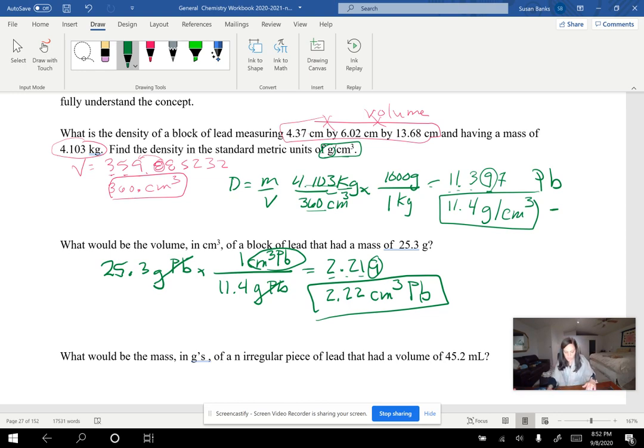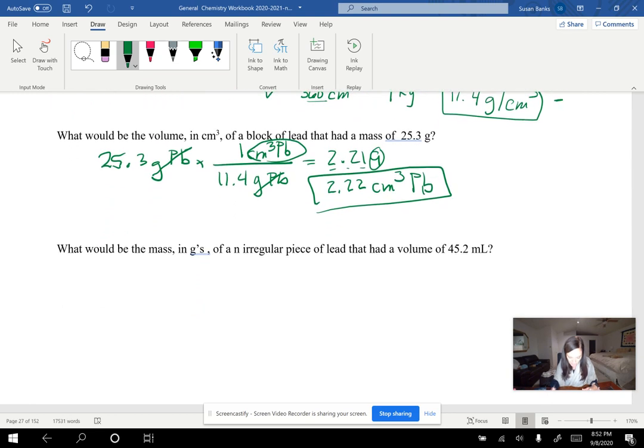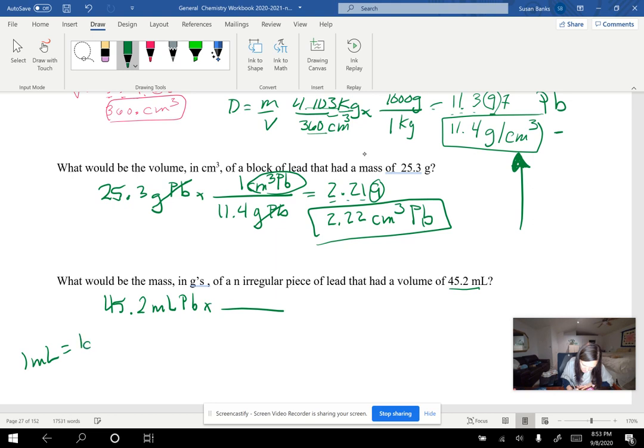Okay, so next one. What would be the mass in grams of an irregular piece of lead that has a volume of 45.2? So can I still use this to get me a mass? I can. So let's see how we do that. I'm going to take the 45.2 milliliters of lead, and I want my milliliters to cancel. Remember that 1 milliliter is the same as 1 centimeter cubed.